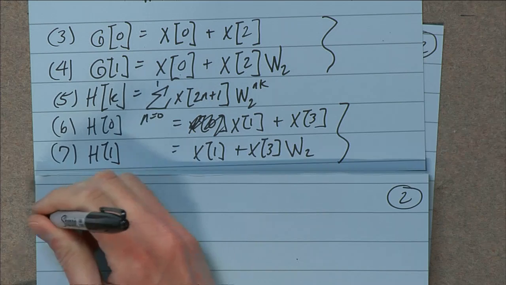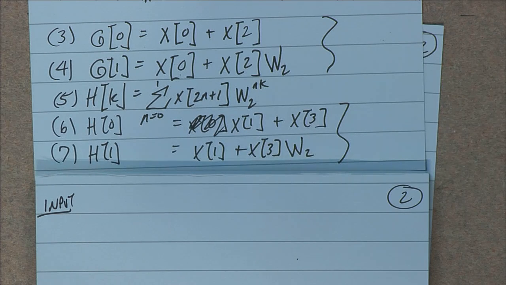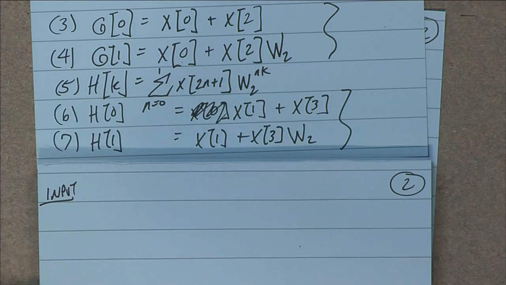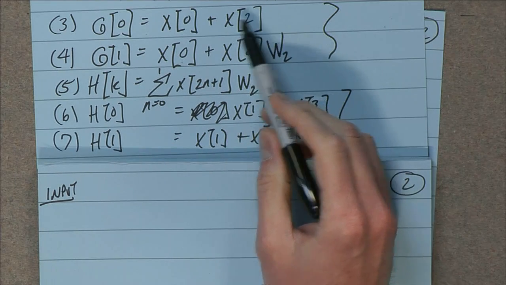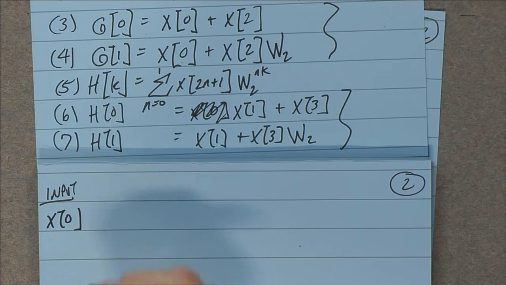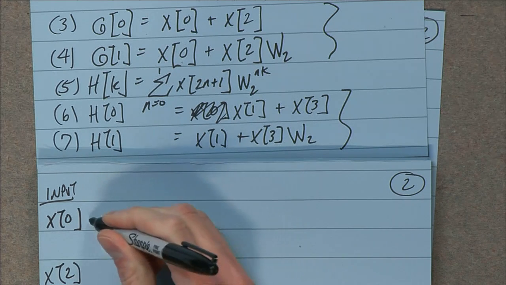So on this side we have our input sequence. And what we want to do first, let's do the easy thing. We just sum X0 and X2, and that will give us G0.